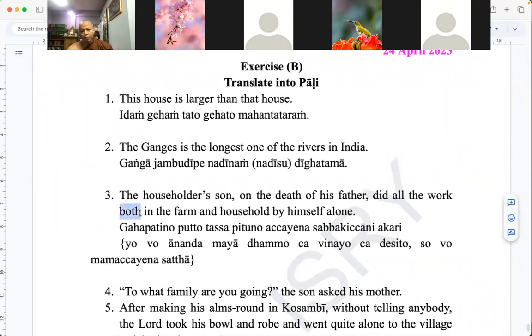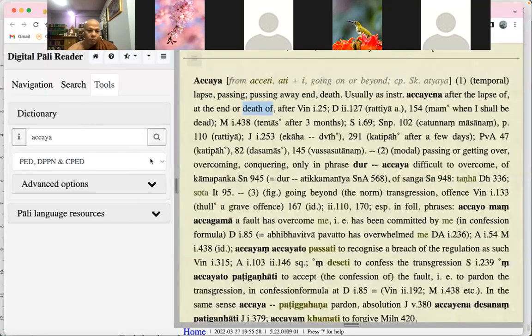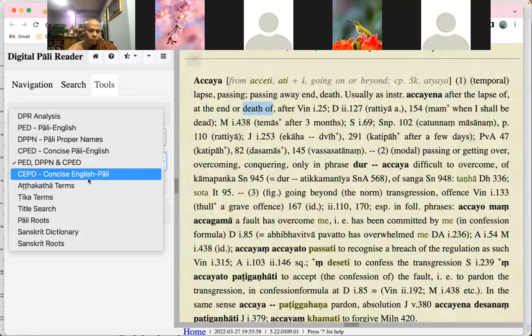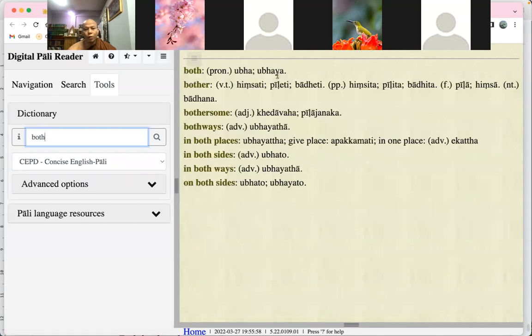Both in the farm and then in the household. Both mean ubaya. Both mean ubaya or uba.